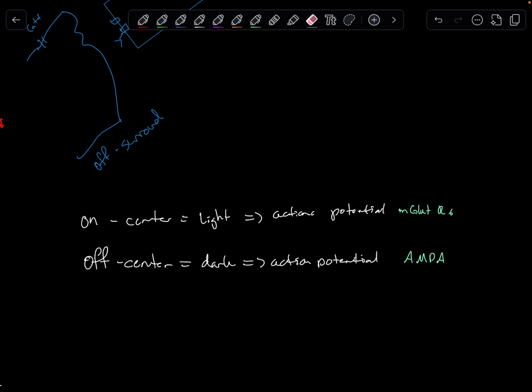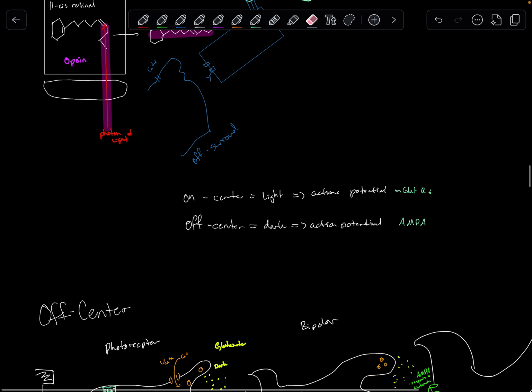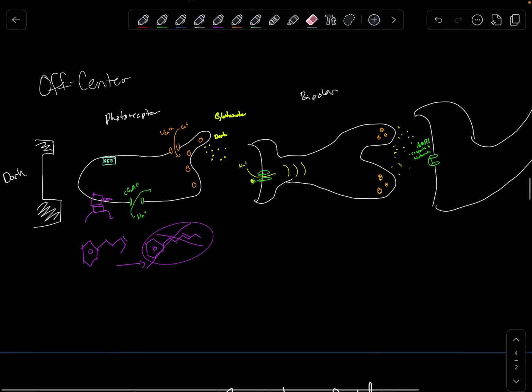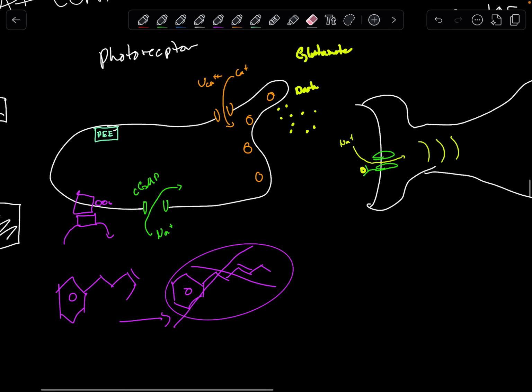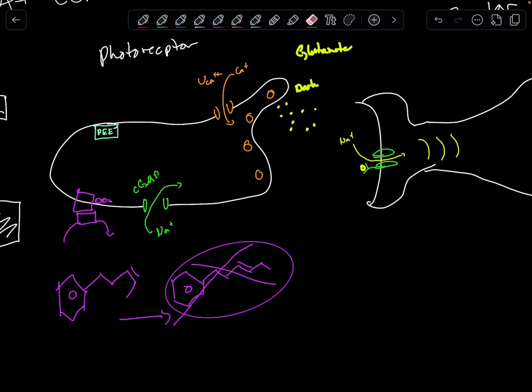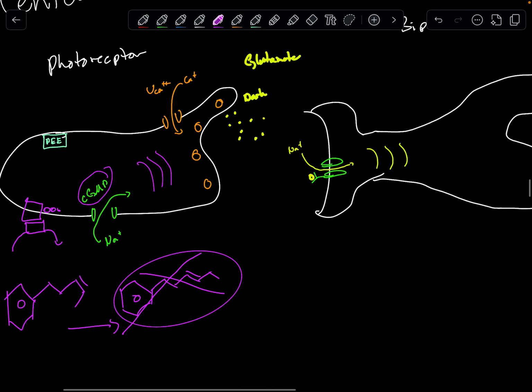On-center photoreceptors react to light and produce action potentials through mGluR6. Off-centers will react to dark and will also produce an action potential through the AMPA channel. Here we'll look at an off-center photoreceptor, right? No light, the light doesn't do anything, right? It doesn't change this 11-cis retinal, so that means that cGMP can still be activated, allowing for an action potential to come through, releases glutamate.